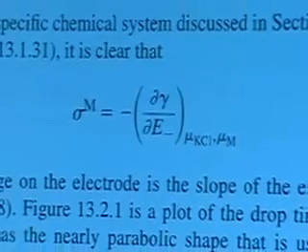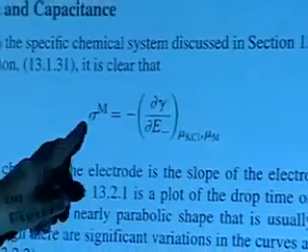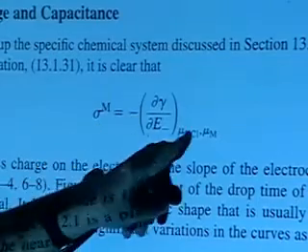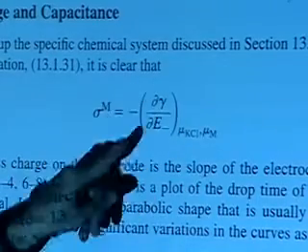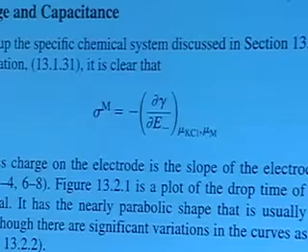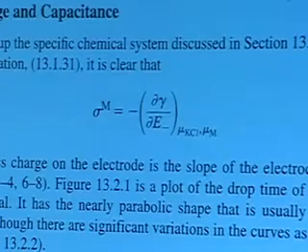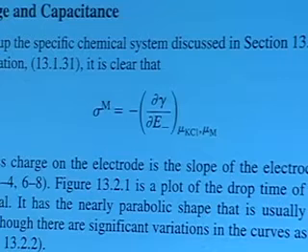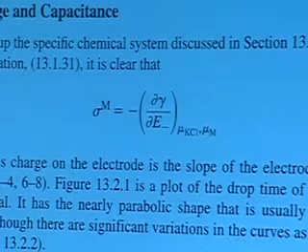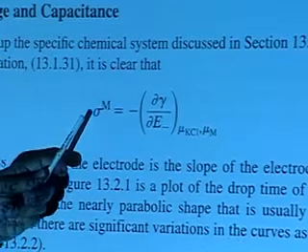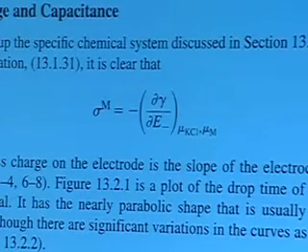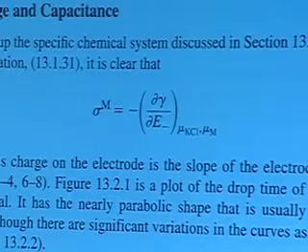And therefore, the only differential that matters is that one. So now, under constant everything else except electrode potential, that electrocapillary equation simplifies to: the charge density is the derivative of the surface tension, which I can measure, with respect to the electrode potential, which I control.